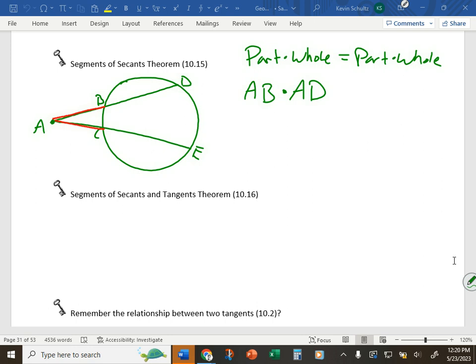That is equal to the outside part of our second secant, AC, times, again, the whole thing. So it's a part times whole relationship here. If we assign these values, let's go 4 and 5 and 3, and solve for x.